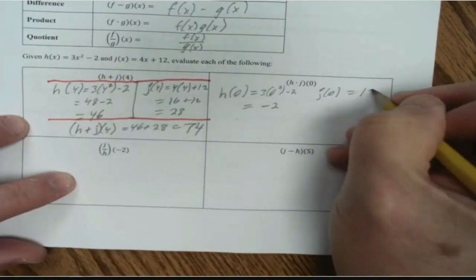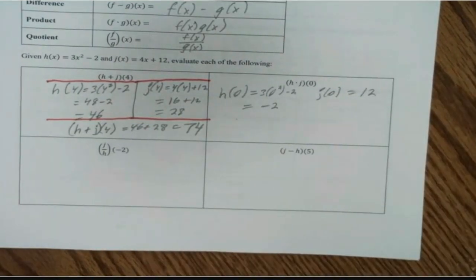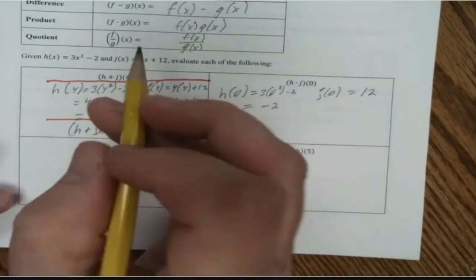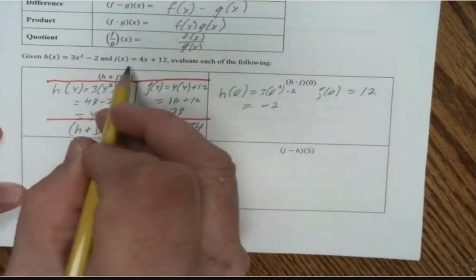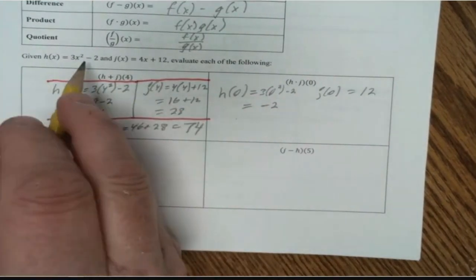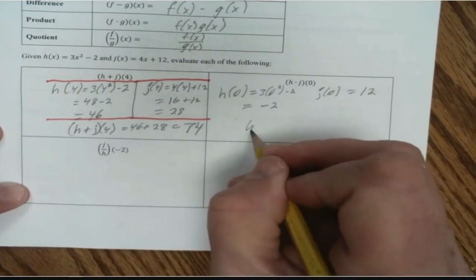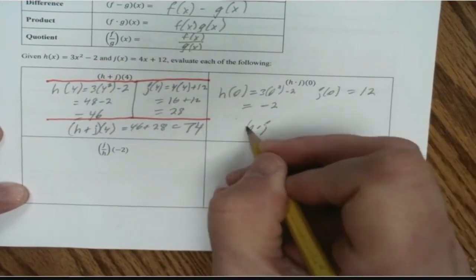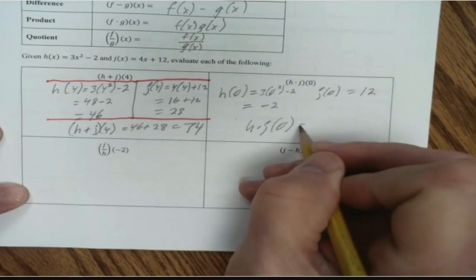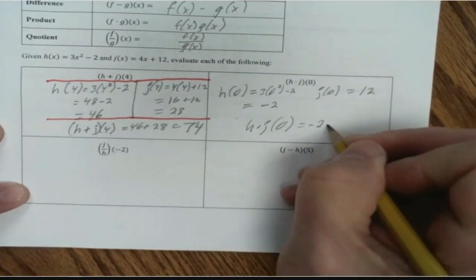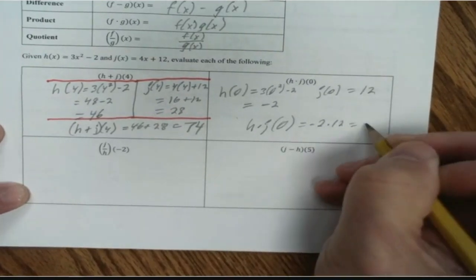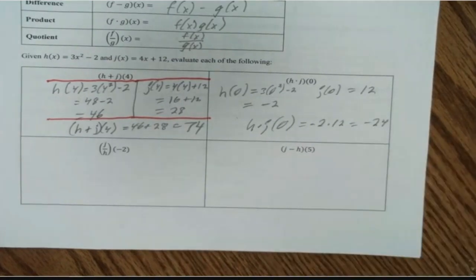So that would just equal 12. Because when you got 0, anything that has an x goes away. So h times j of 0 would equal negative 2 times 12. Negative 2 times 12 is negative 24.